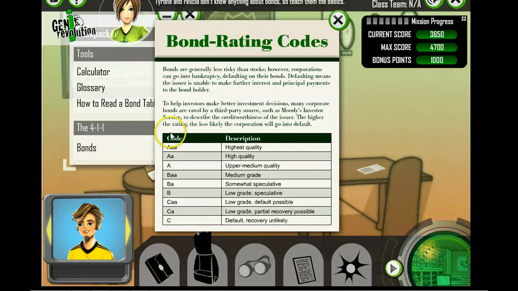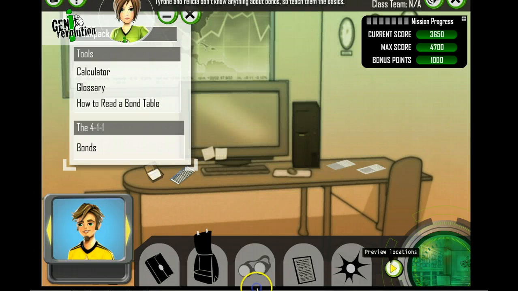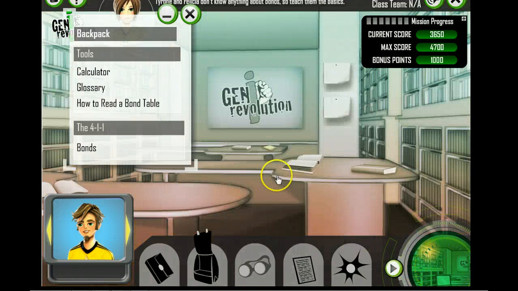Here's what I referred to. There's the bond rating codes. And here's where you'll get the bond ratings relationship to the coupon rate. So you see that again. Oops, I keep going past it. Okay.